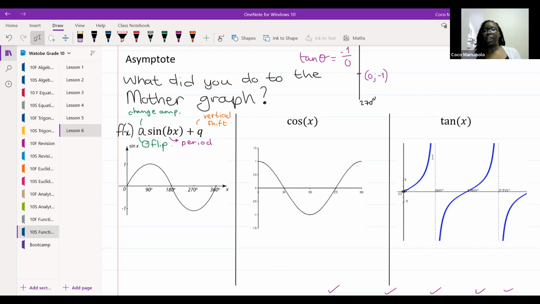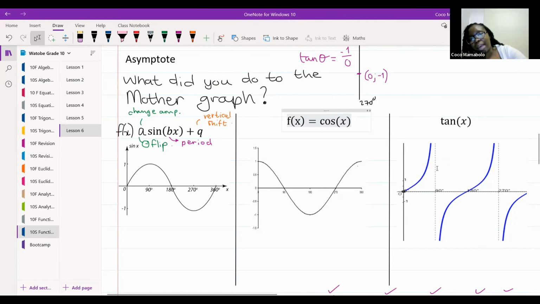Now remember guys, all of this is the same for our cos graph. Exactly the same. F of x is equal to, right, same thing will happen with my cos graph, guys.